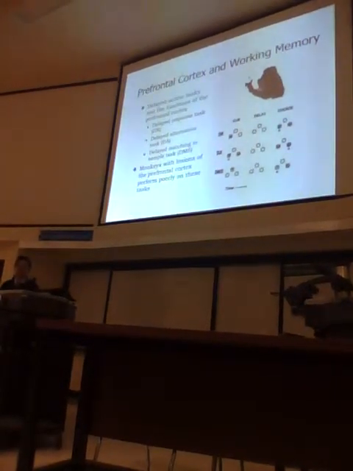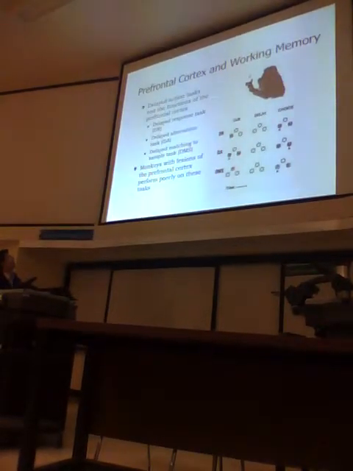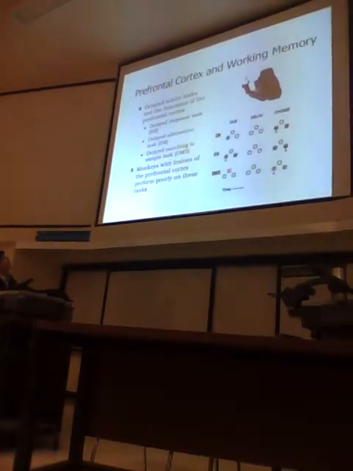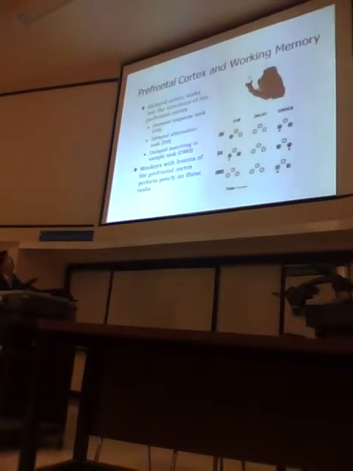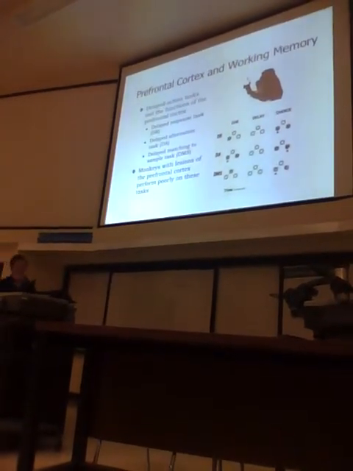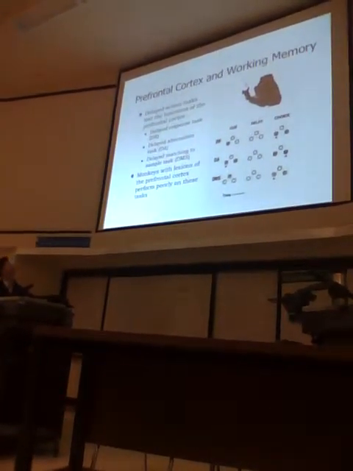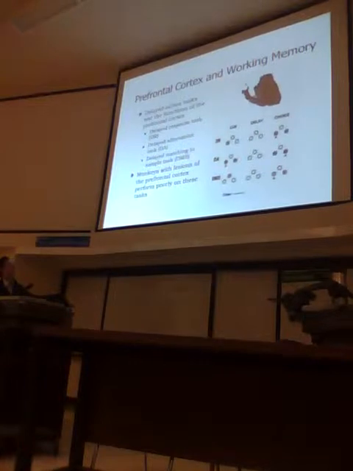Sometimes it may be called the non-matching to sample task. With the matching to sample task, DMS, the animal is first presented with an object, usually a colored object, in this case red. The screen drops down to block its view of the object for a fixed amount of time. This is called the delay period.